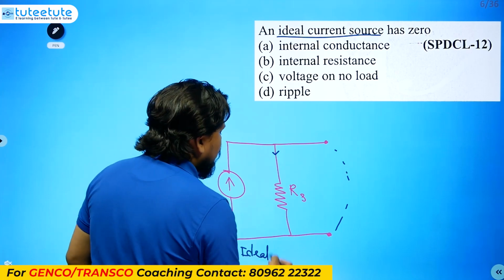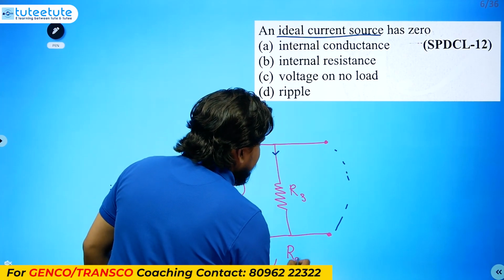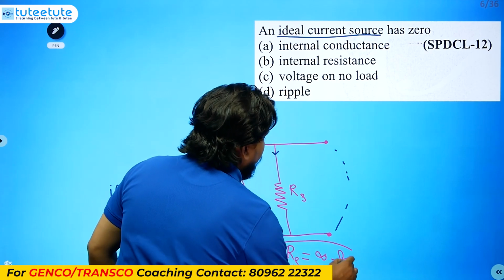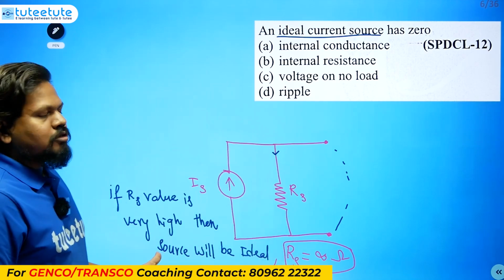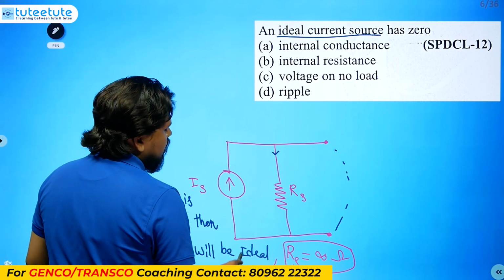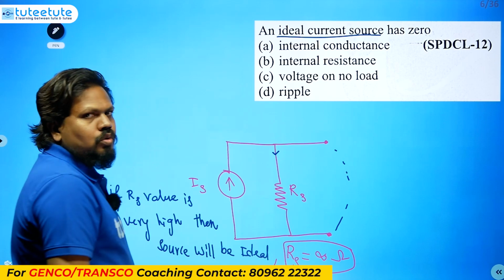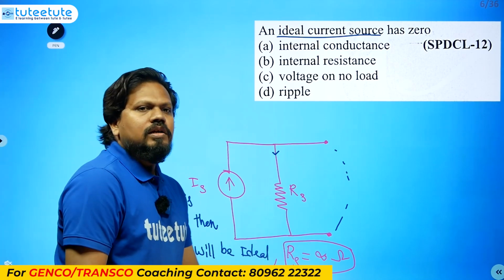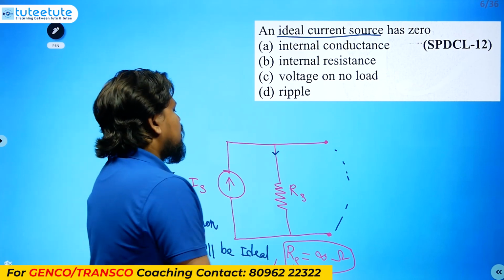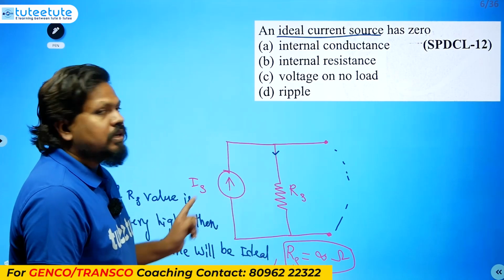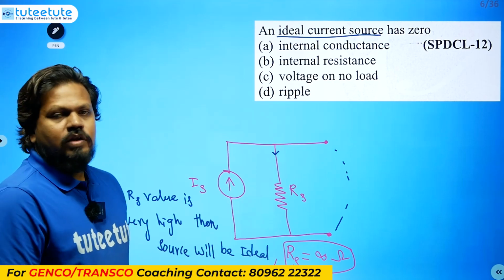What is the value? It will be infinity ohms. For practical sources, or good sources, we can call it a good current source instead of ideal. Anyway, Rs is infinity generally for an ideal current source, and for a practical current source it will be a very high value. That is how we have to understand it.